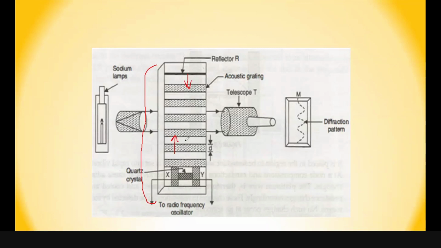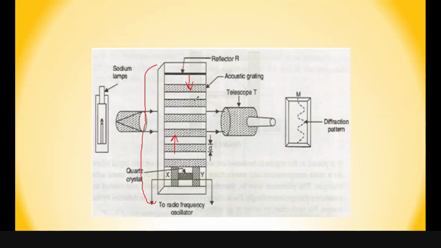Due to this there will be interference of the waves, and as the height is fixed, a standing wave pattern will be produced inside the liquid column. That means interference, and so there will be constructive and destructive interference inside the liquid column.